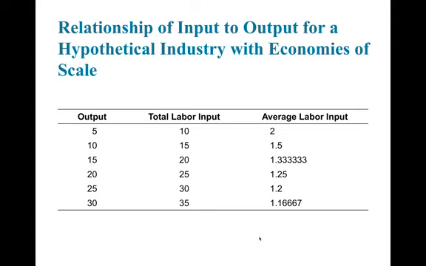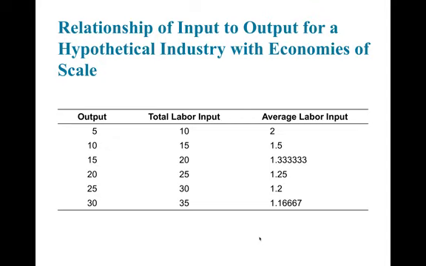Now let's look at the third column and see how it summarizes the presence of economies of scale. You can compute average labor input by dividing the number in the second column by the number in the first column. So average labor input is 2 if you're producing 5 units of output, because that's 10 divided by 5.